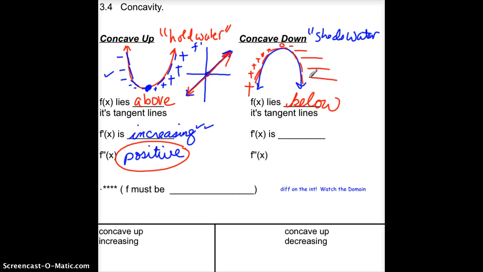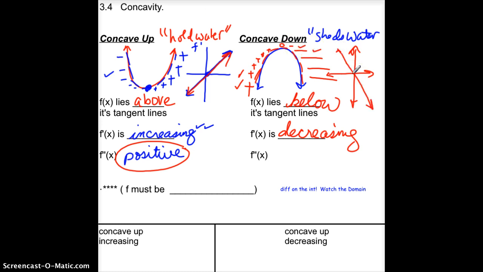So you'll notice that the derivative is actually decreasing. If I were to graph it, it would start very much above the x-axis, hit 0, and then over here go more and more negative.